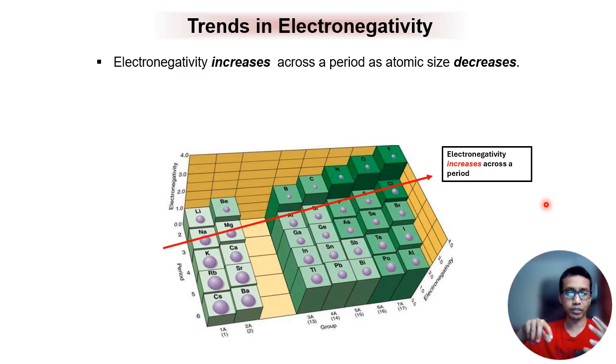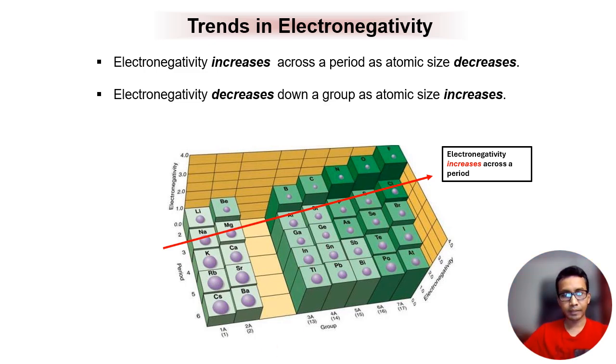So the positive charge increases and attracts the electrons more and more strongly as you go across. But as you go down the group, you're increasing the number of protons, but at the same time, you're increasing electrons as well as adding an extra shell, and that's why the atomic size increases, which causes the electronegativity to actually go down.